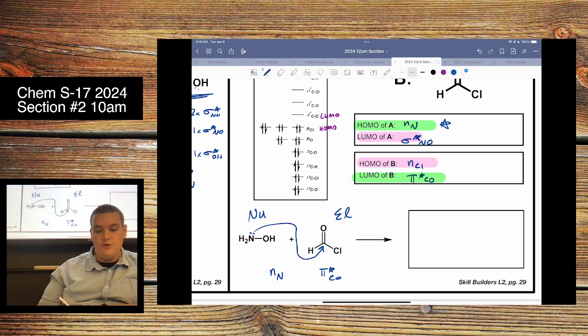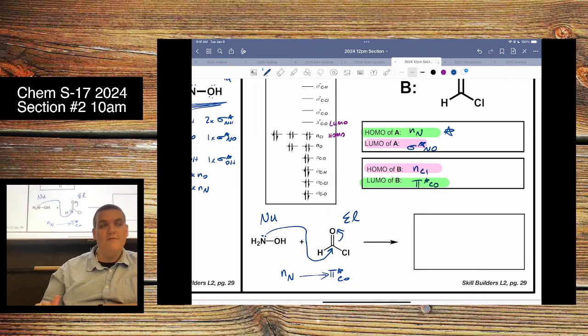And if we have to do this attack and put electrons into an antibonding orbital, what happens to the bond? Breaks. So we push up. So now this is the hard part, where you have to draw what the product is. And to do that, I'm going to draw everything I didn't touch. So I know that we still have NH2 and we have an OH.